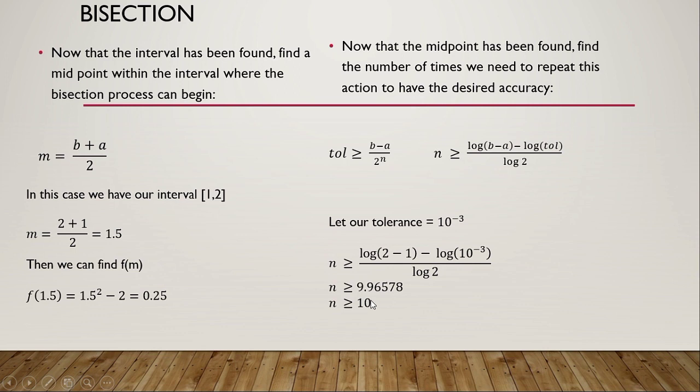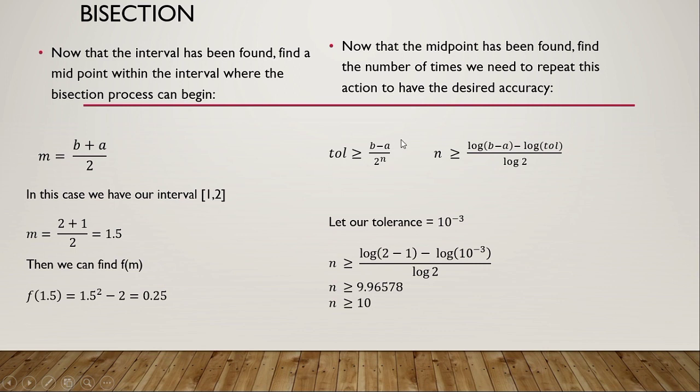So just to recap everything that we've talked about here, this is the formula to use to find the number of times you need to repeat this action over and over again, which is n. But it's very rare for them to not give you a tolerance.